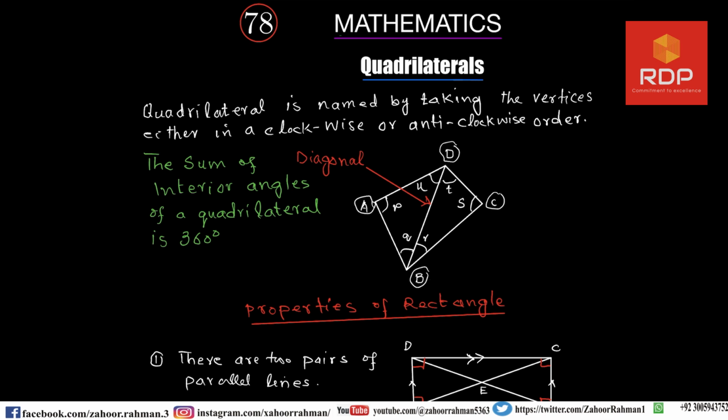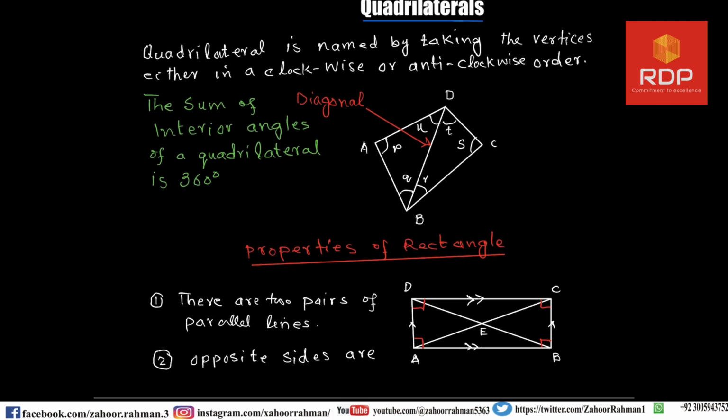But you can take all these vertices as A here, B here, C here, and D here as well, which will be in clockwise direction. So keep in mind that a quadrilateral is named by taking the vertices either in a clockwise or anti-clockwise order.